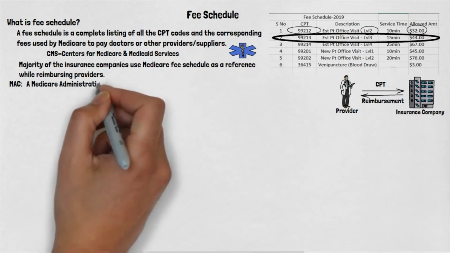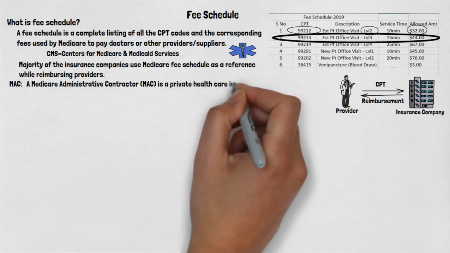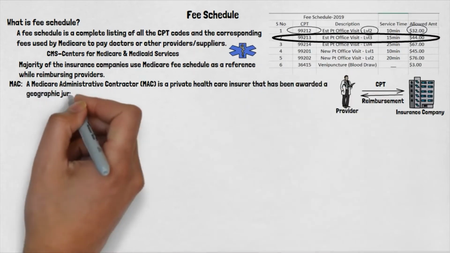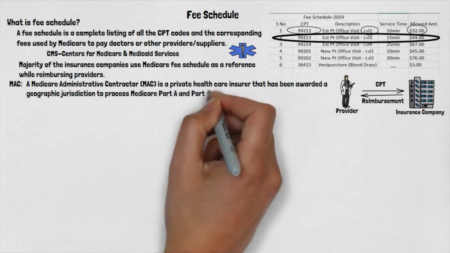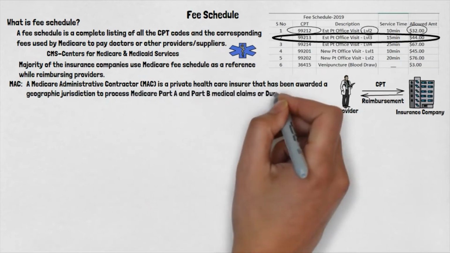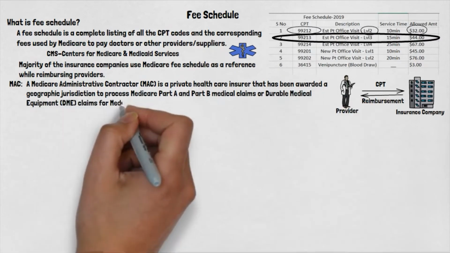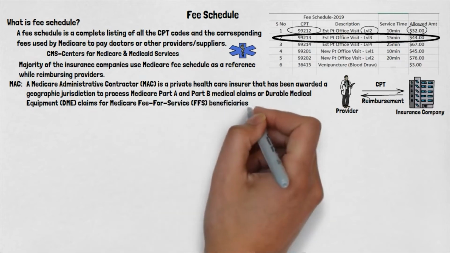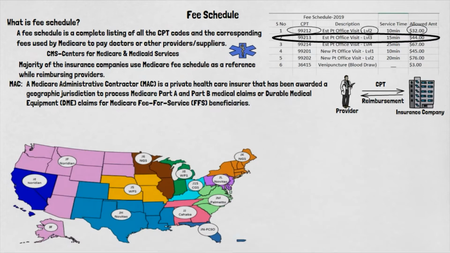Now the next one is MAC, which is a Medicare Administrative Contractor. It is a private healthcare insurer that has been awarded a geographic jurisdiction to process Medicare Part A and Part B medical claims or durable medical equipment DME claims for Medicare fee-for-service beneficiaries.